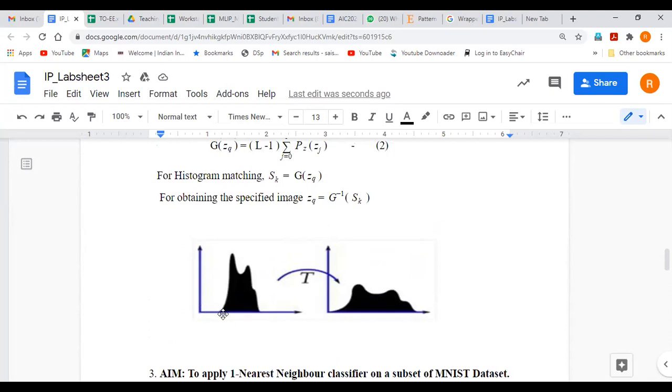We look at a current pixel, say 0, and see the count at 0. Where is it in the other CDF? Maybe here. Whatever the value is there, we put it here, so it moves to this side.